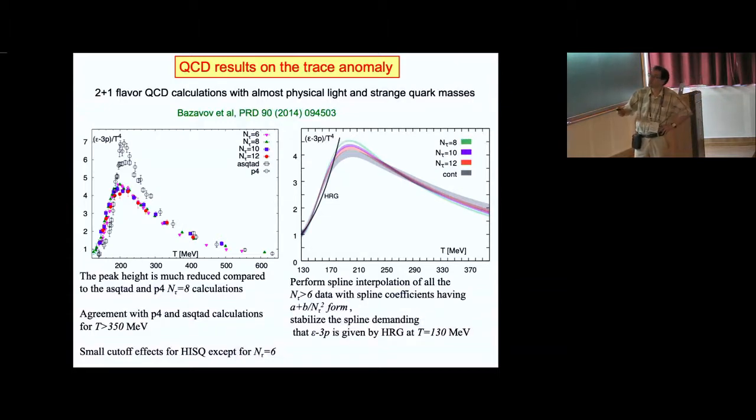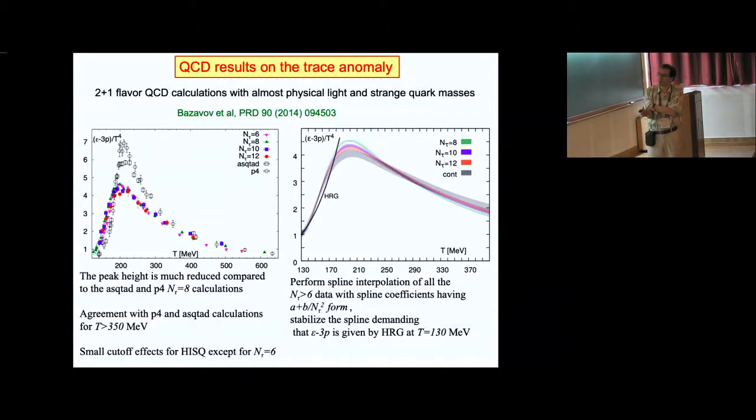Now, if you have these results, you need to perform some spline interpolation in order to have a smooth function that you could integrate over. So we perform spline interpolation using all tau equals 6 data, such that the coefficients of the spline take into account the leading order cutoff dependence of the lattice results.